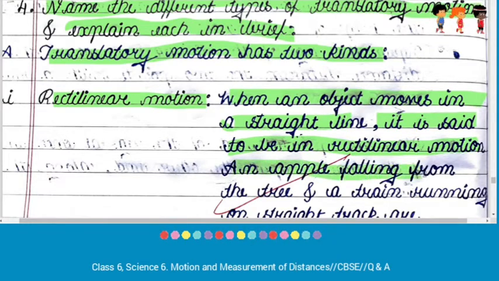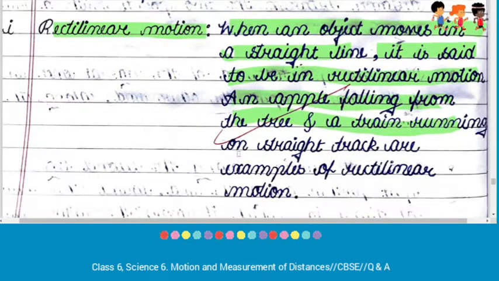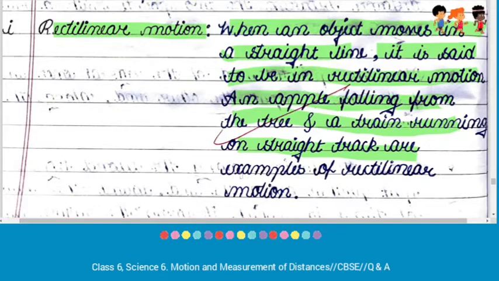An apple falling from the tree and a train running on a straight track are examples of rectilinear motion. So what is rectilinear motion? When an object moves in a straight line, it is said to be in rectilinear motion.